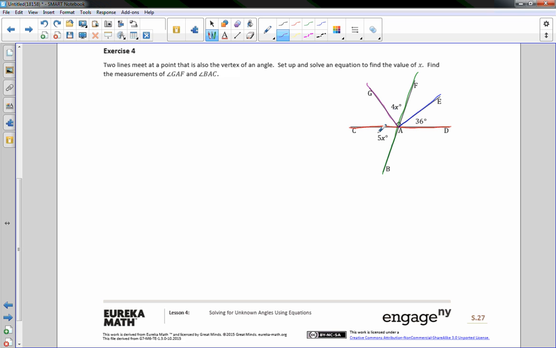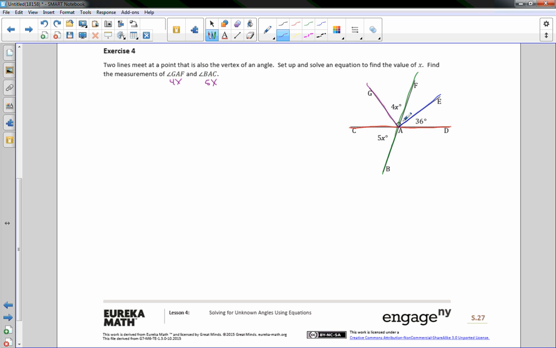We want to find the value of x and find the measurements of GAF, which is 4x, and BAC, which is 5x. Okay, so I see a 90-degree angle right here. And I see that I have a straight line here.